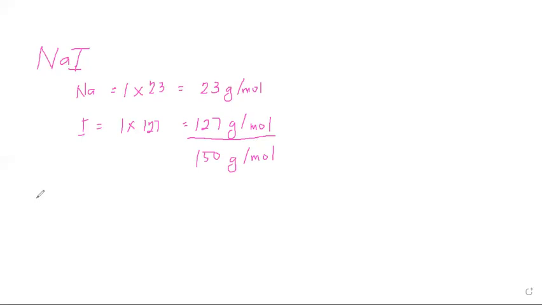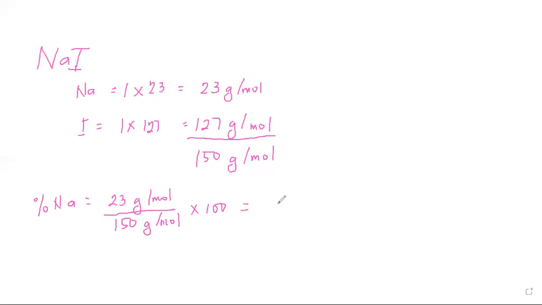Okay. So again, with the percentage composition, let us have the sodium. Percentage composition is 23 grams per mole divided by 150 grams per mole times 100. I'm going to use my calculator with me.